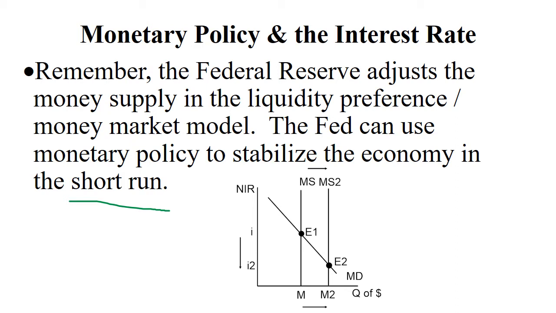But in the long run, there will be a second shift that will undo the effects on the interest rate. It will return to the original amount. Because remember, money is neutral in the long run. It has no effect on the interest rate in the long run. So the Federal Reserve is using this for short-term problems, gaps like recessionary and inflationary gaps.